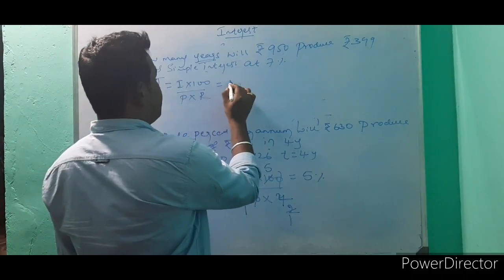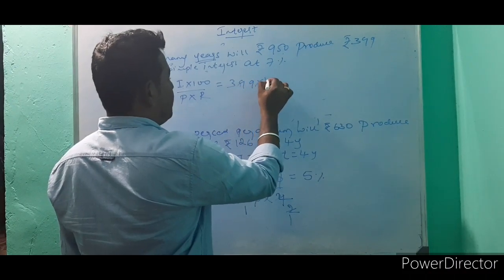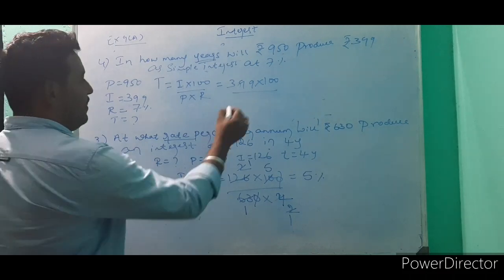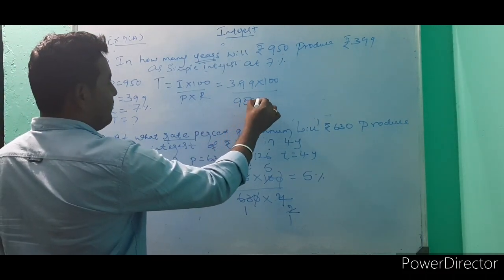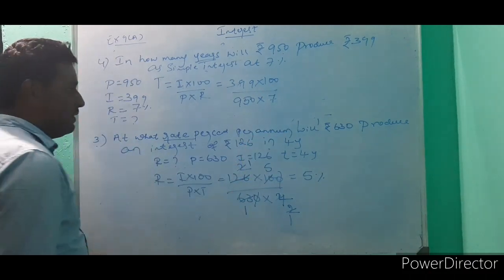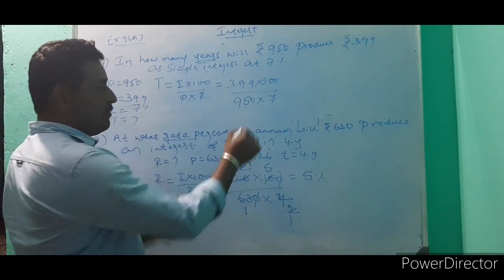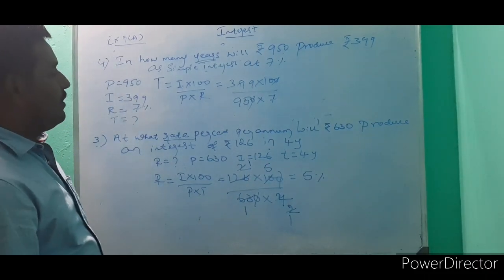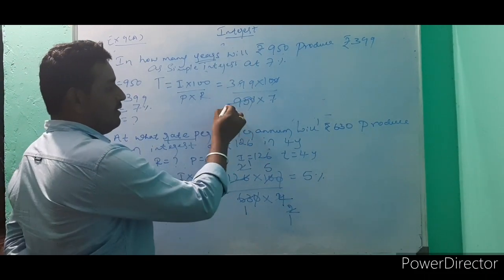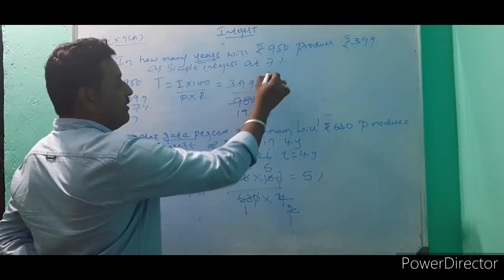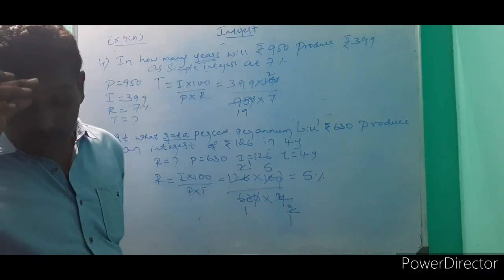So I value is 399 into 100 divided by P value is 950, R value is 7%. So you can cancel 10 and 10. Then if you go on cancelling by 5, 5 19s are 95, 5 2s are 10.